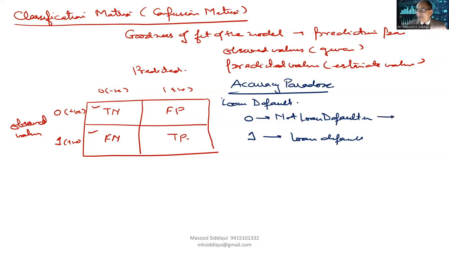Suppose here the not loan defaulter class has 100% correct prediction, and here we have just 50% correct prediction. If we go with the overall percentage, 75% is the overall accuracy.